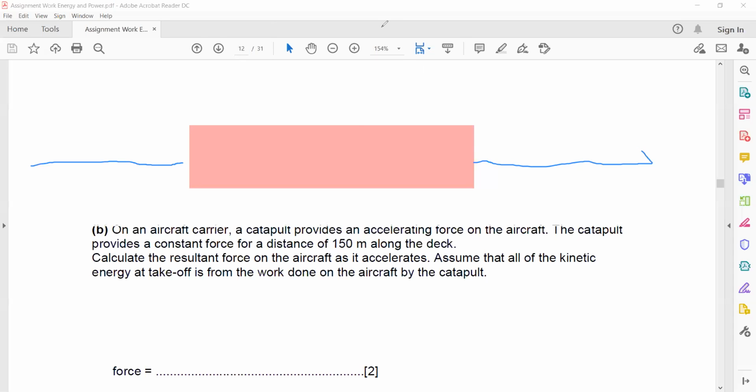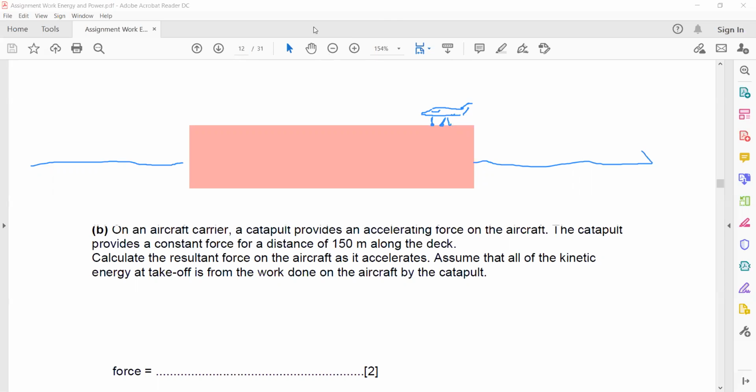So for example, if there is a plane here at this point, this plane is initially on one side, and what happened? This plane is accelerated by a catapult.